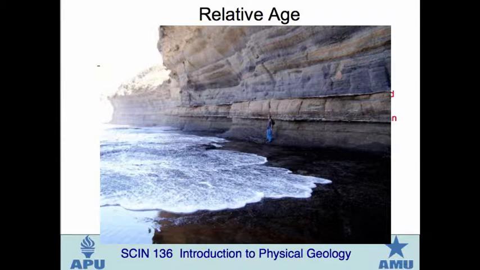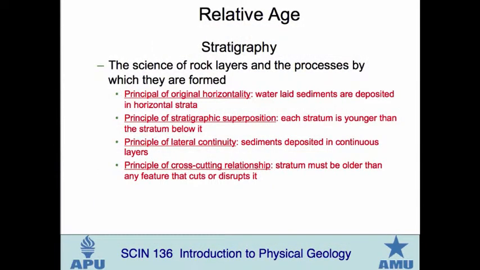So the top of the layers was flat. Through time, things have been twisted and tilted and turned and folded and faulted, but originally, when that material was laid down as sediment in most cases, it was originally horizontal.